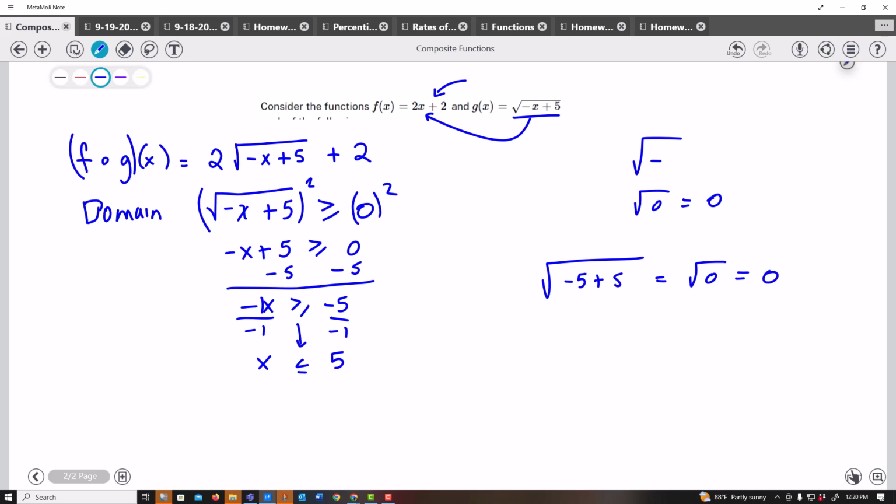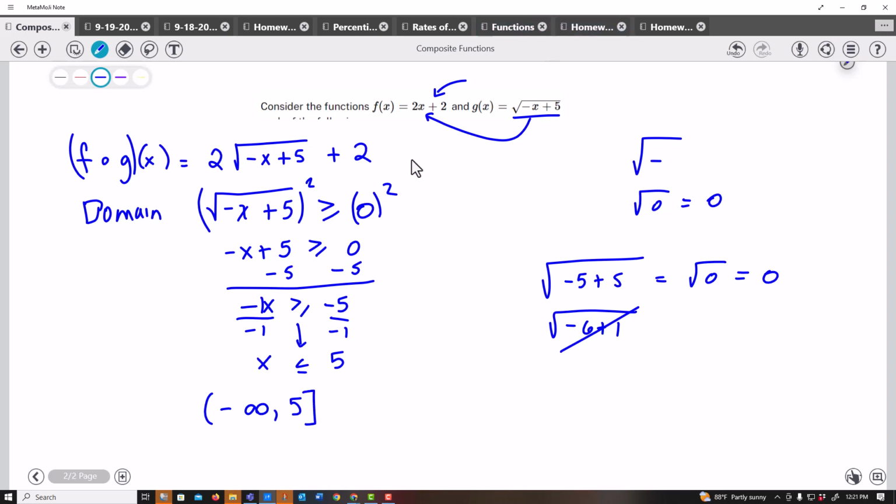If I plugged in something larger, like let's say a 6, notice we can't do that because we're going to get a negative square root. So what this means is I can pretty much plug in any number all the way up to this 5, and it can include that 5, so hence the square bracket.